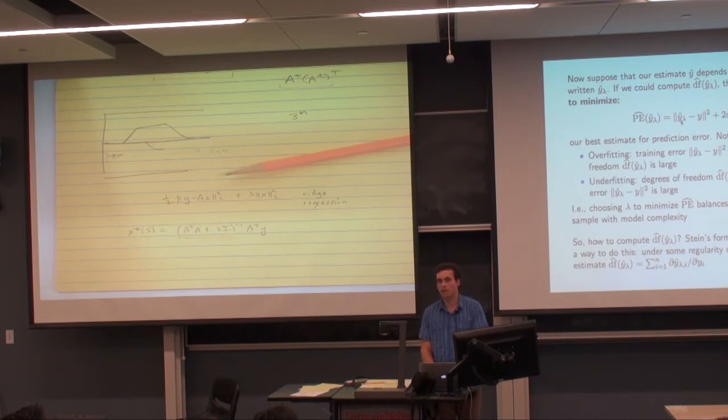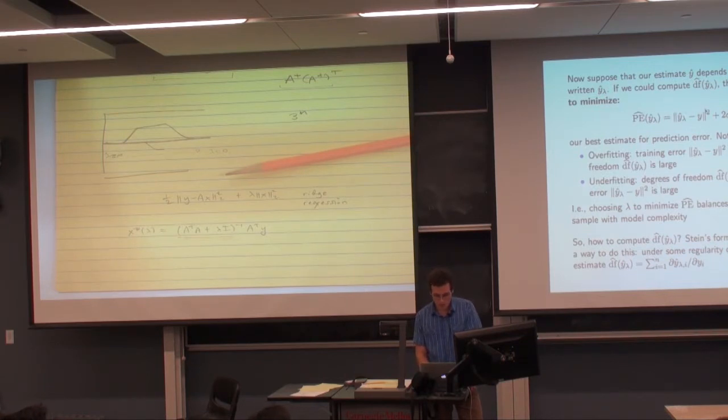I'm calling it y hat because in statistics we often use that notation to reflect an estimator. So this is the training error. It's how well I did in terms of fitting the data that I was given, plus 2 times something. This is like the variance of the noise term, times this, which is an unbiased estimator for the degrees of freedom of the estimator.